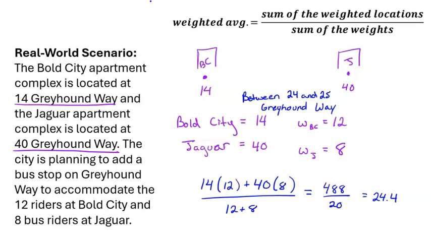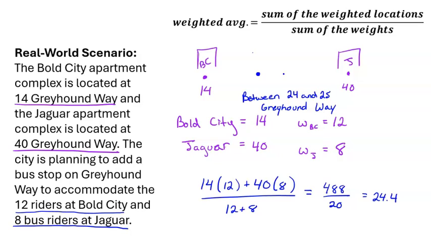And when we're thinking about what that looks like, 24, it's leaning towards which one, right? That means it's going to be a lot closer to Bold City than it is Jaguar. So 26 would be straight in the middle, but we see that it's leaning a little bit towards Bold City. And that makes sense because Bold City has 12 riders and Jaguar has 8.